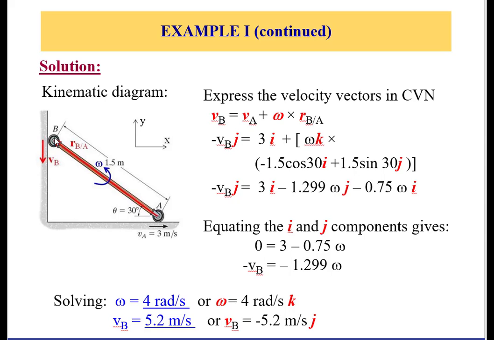But since we already know the information about A, and I know the direction of B, VB, which is negative VB j, equals the translation of A plus the rotation about point A. Assuming a combined motion, VB relative to A is equal to omega cross RB relative to A, where omega is omega k.